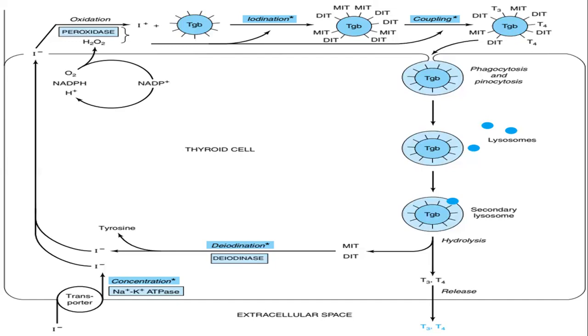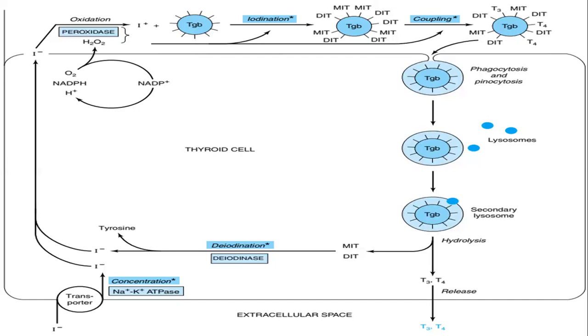And of course, some of them might not actually combine with each other through the coupling process to form either of the thyroid hormones. So you can have some remaining as diiodotyrosine and monoiodotyrosine. So you have this combination in form of a body engulfed by the thyroid cells.